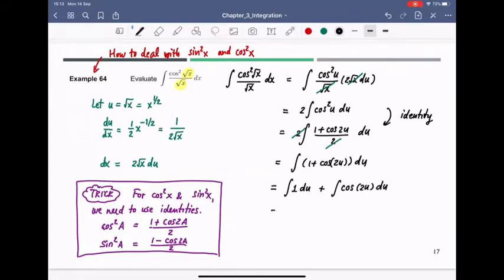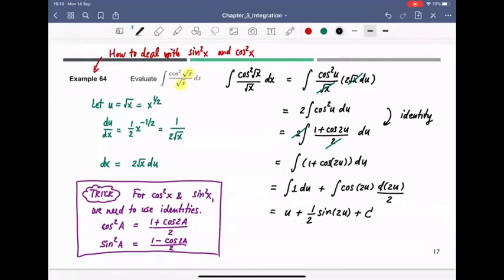The integral of 1 du is just u. For the integral of cosine 2u du, I'm going to switch my du to d(2u) over 2. So this thing is going to be 1/2 times sine 2u, plus c.